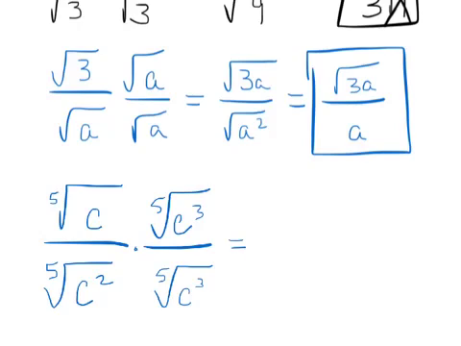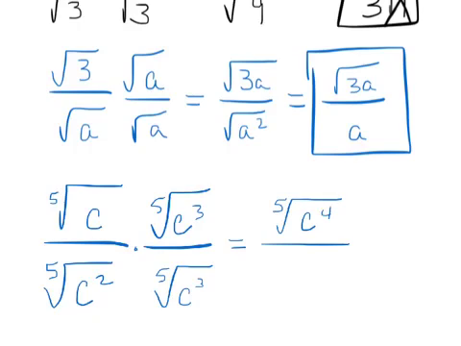Okay, numerator. Nick, what do I get in the numerator here? Doesn't it, do they cancel out? Well, just for now, add the exponents together and see what you get, and then we'll talk about canceling. Okay, so we have fifth root of c times the fifth root of c cubed. Keep going. Fifth root of c times fifth root of c cubed, c to the fourth.